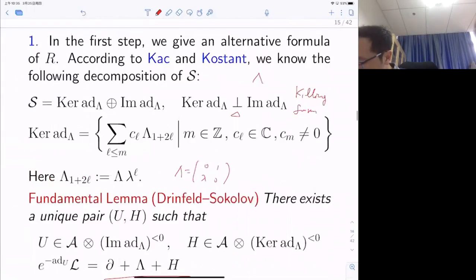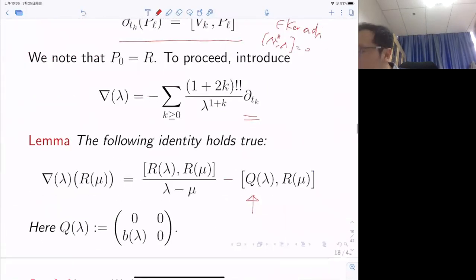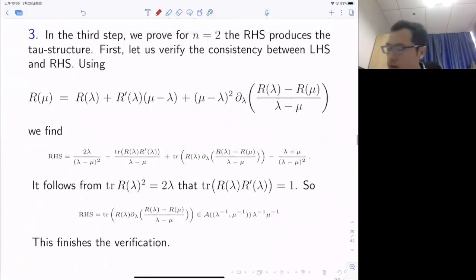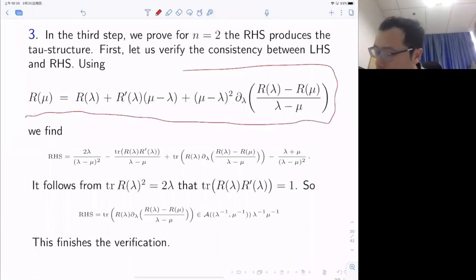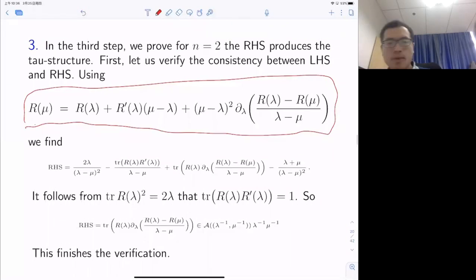For this, we use a trick. This trick can be found in Newton. For any Laurent series, you can find this is always a true identity, so it seems it was used by Newton already. If we substitute this identity in the right-hand side, after simplification we get these terms. This term will cancel with the first term because trace of lambda squared equals 2 lambda.